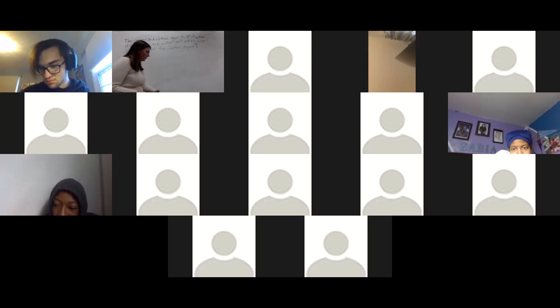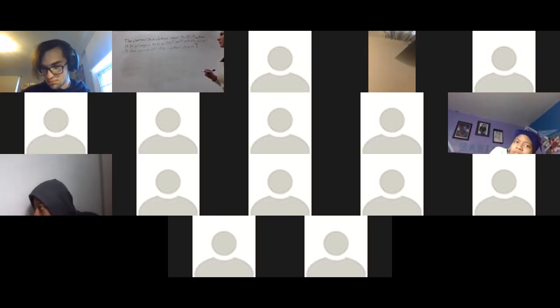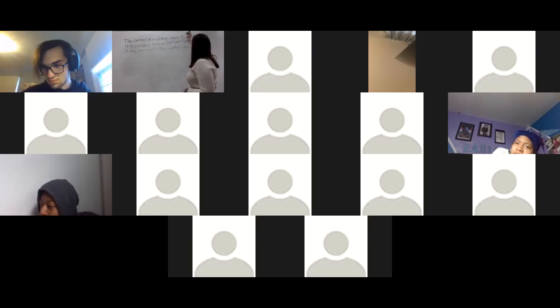So to start off with a problem like this, I'm going to reread my problem and box in my values given and underline what I'm trying to find. So rereading it, the current in a clothes dryer is 15 amps.